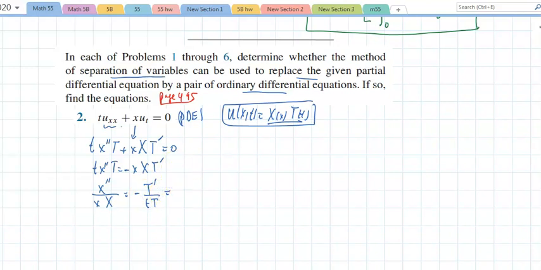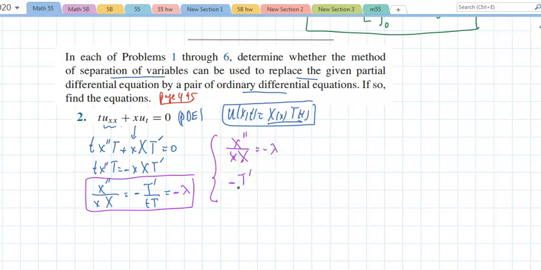I'm going to set this equal to negative lambda every single time. And out of this, guess what I'm going to get? A system of equations. X double prime over x X equals negative lambda, and negative T prime over t T equals negative lambda, or I could say X double prime plus lambda x X equals 0, and I can get T prime, those negatives cancel out, minus lambda t T equals 0.